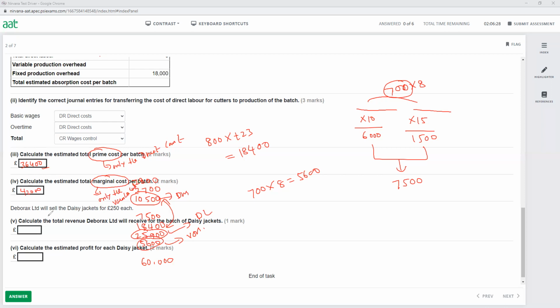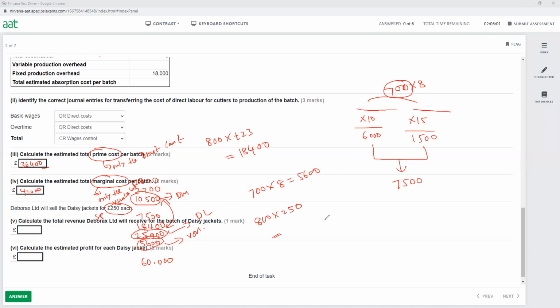The next one is asking, Delimited will sell the Daisy jacket for 250 each. So selling price 250 each. Calculate the total revenue Delimited will receive for the batch of Daisy jackets. If you remember, one batch we had 800 jackets, and per jacket is 250.